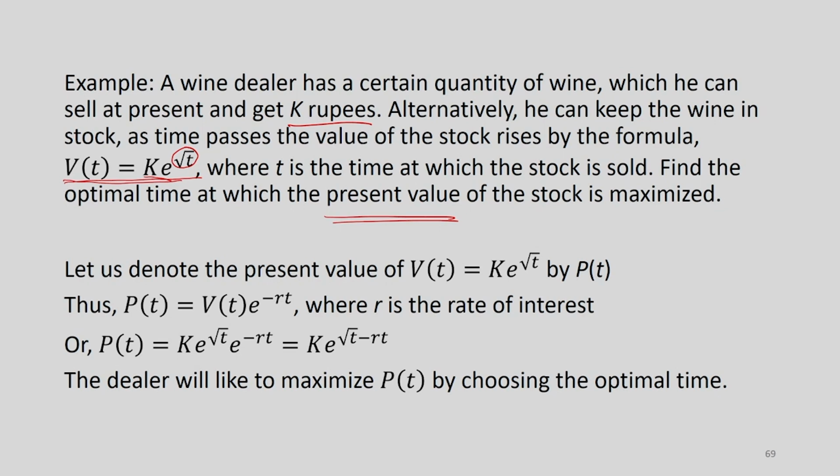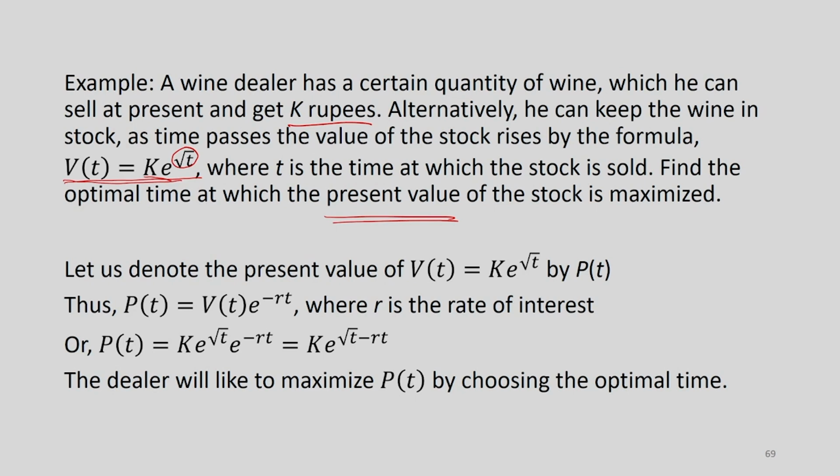As time passes, the value rises. Now, the question is the following, that if this seller wants to maximize the present value of the stock, right, his problem is he wants to maximize the value of the stock, not at the point where it is being sold, but its present value. Present value means standing at the point t is equal to 0, there will be something called the present value.